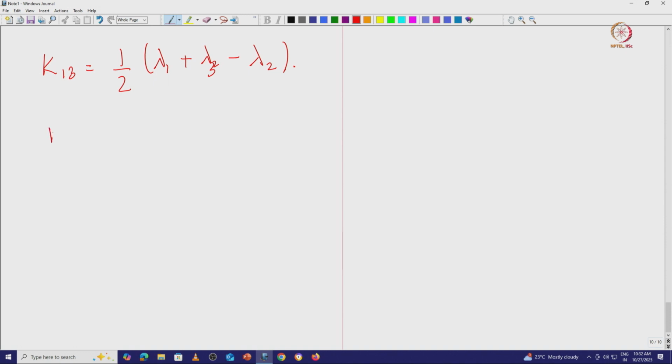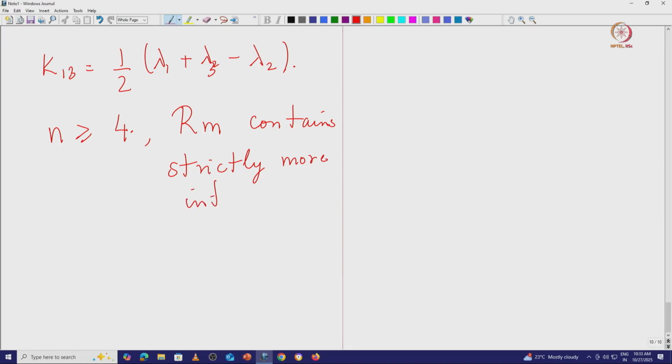Okay. On the other hand, for n bigger than or equal to 4, the curvature tensor actually contains strictly more information than the Ricci tensor.